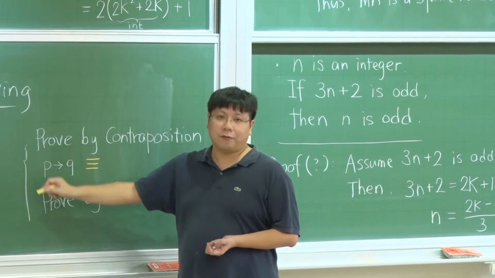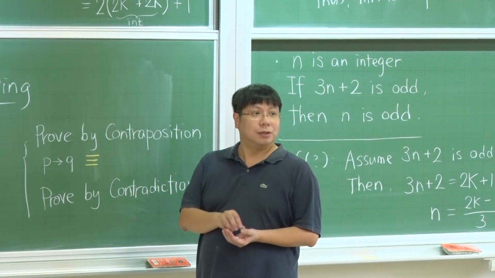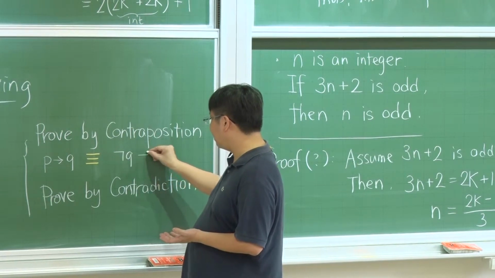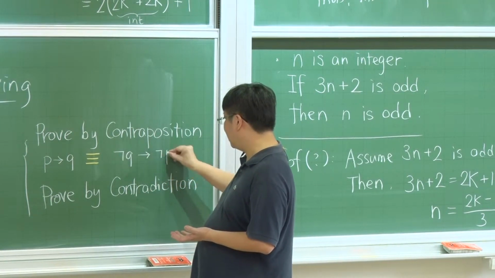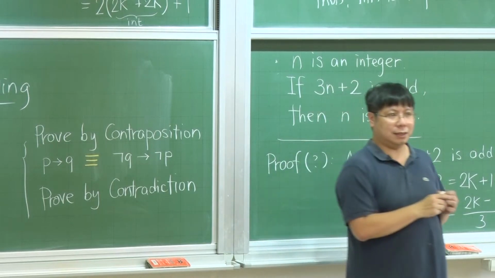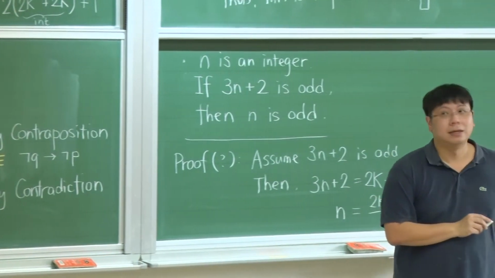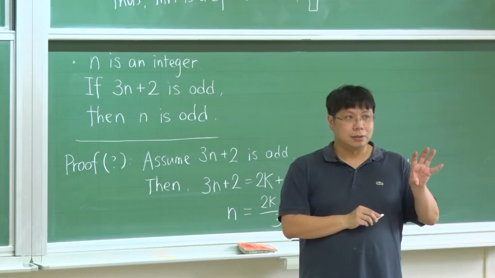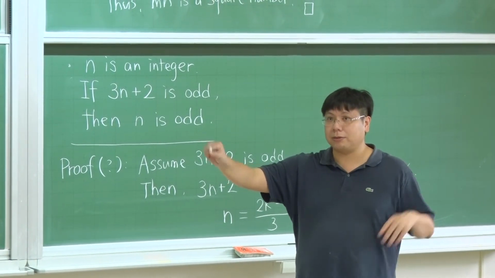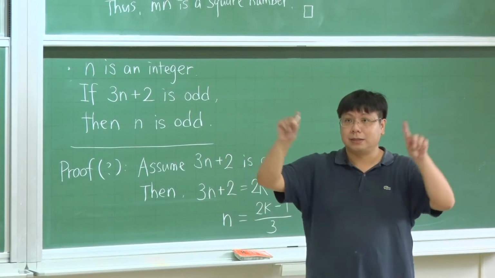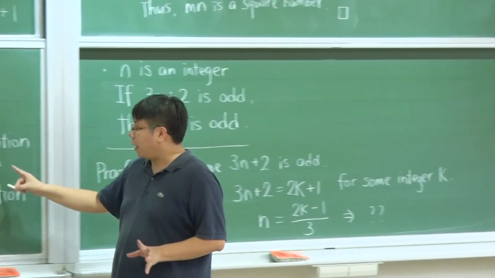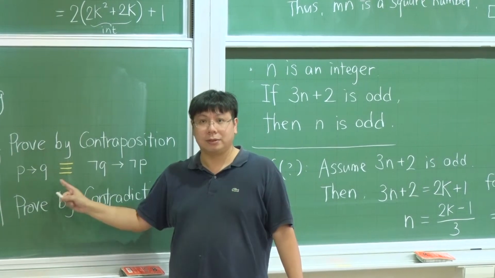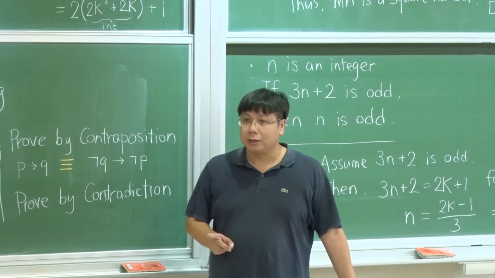Instead of proving P implies Q, we can prove not Q implies not P. Is that okay? The reason is that P implies Q and not Q implies not P are logically equivalent. They are the same. If I can show that this is always true, then I can show that this is always true. This is what we try to do.